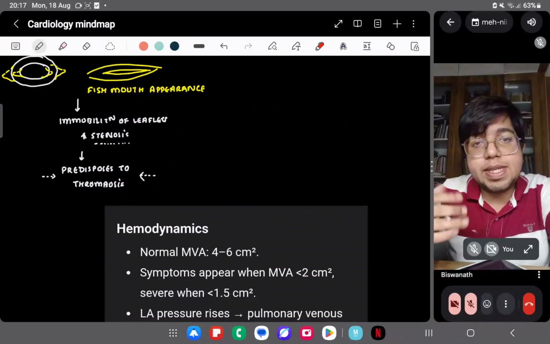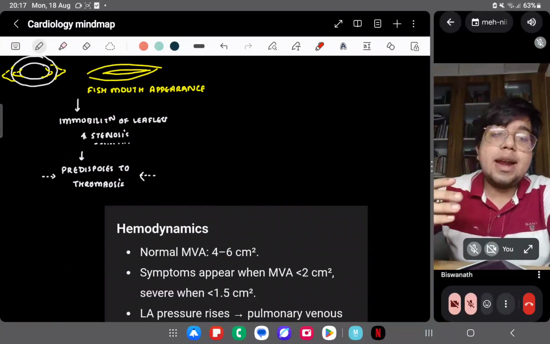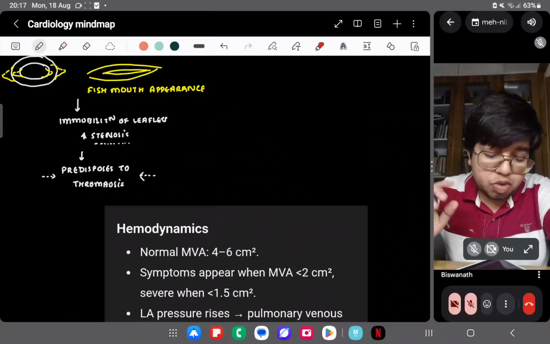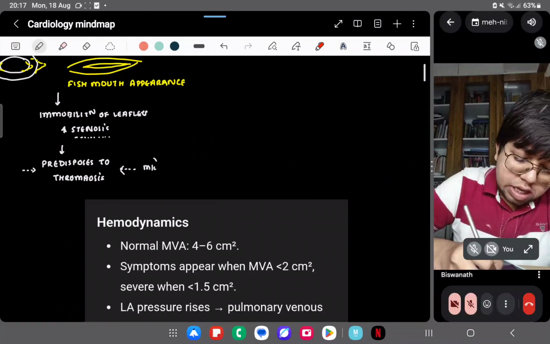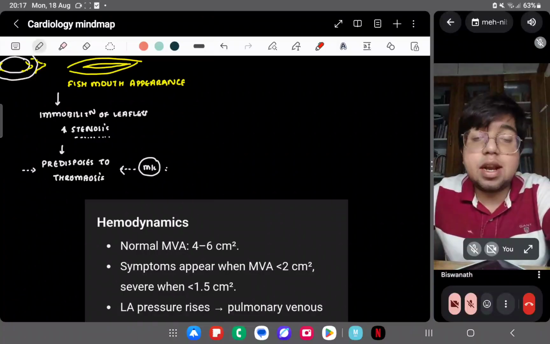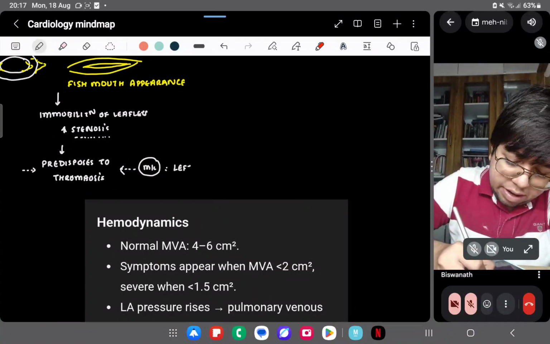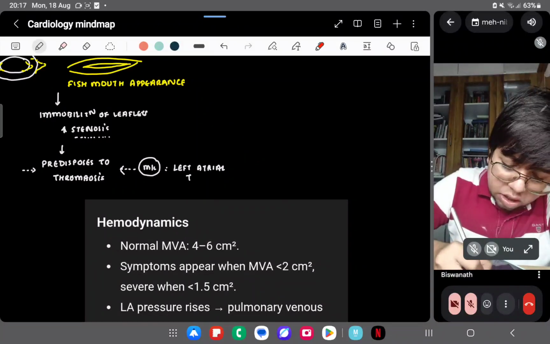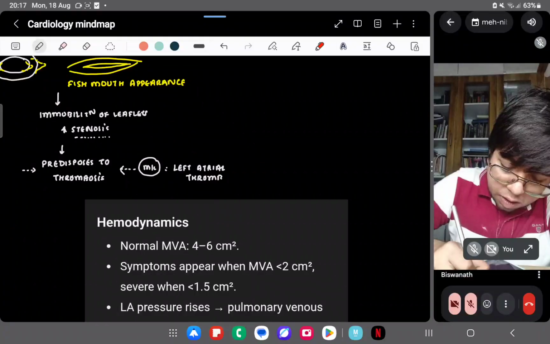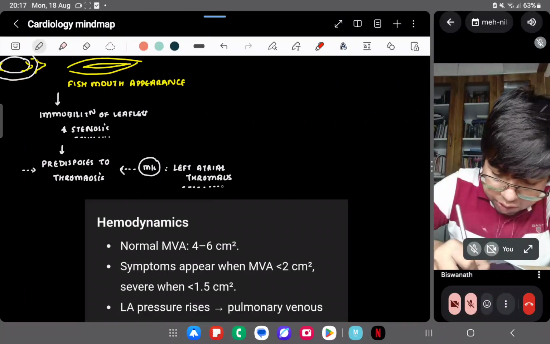This is basically our concern here. And the most common site in which this thrombosis can occur is the left atrial appendage. Most common is a left atrial thrombus. This left atrial thrombus is the most common thrombus associated with it.